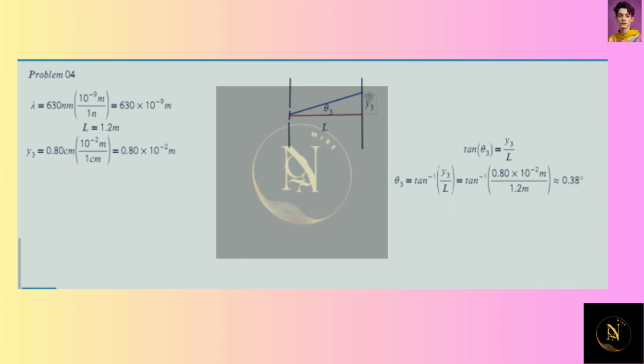So for this 3rd order bright fringe here, we can use the other formula for the double slit experiment, which says that d sine of theta m is equal to m lambda for a constructive interference point, which this 3rd order bright fringe is. So here we'll solve for sine of theta m by dividing d on both sides.